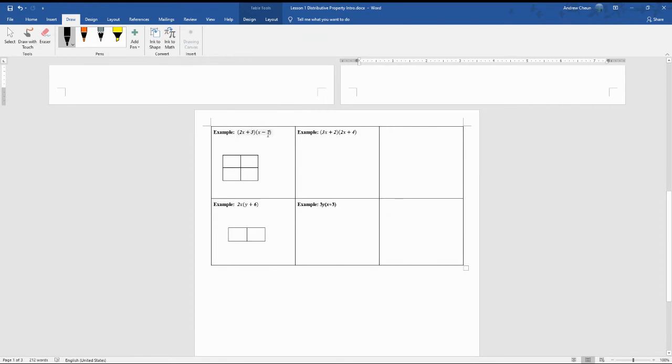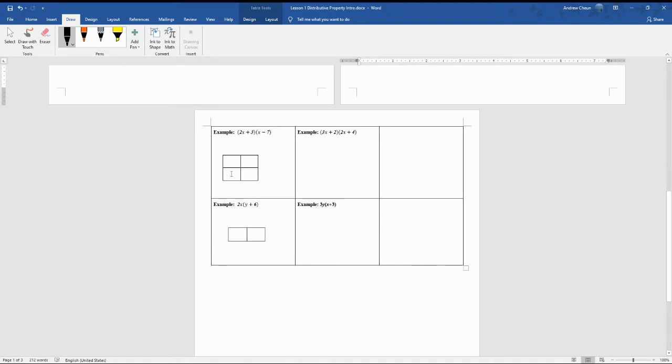So this last example, this is like the prime example of how to make a generic rectangle here. So if you notice, we have a 2 by 2 rectangle. Why? Well, we see that we have two different binomials, meaning two different sets of expressions where they have two terms each. So I have a 2x plus 3, and I have an x minus 7.